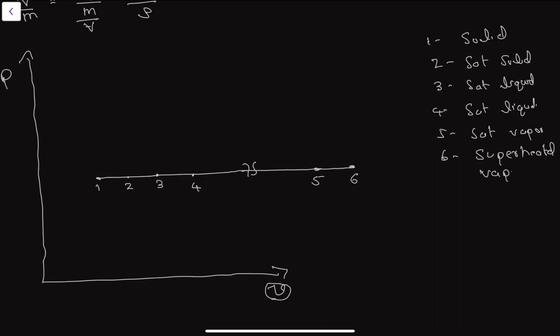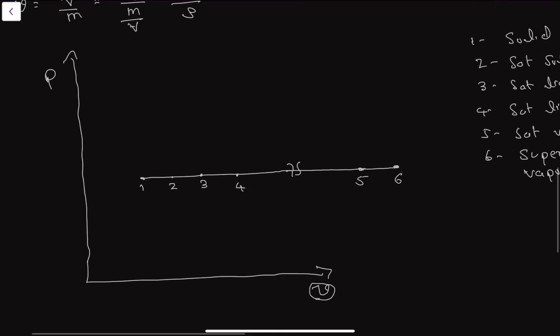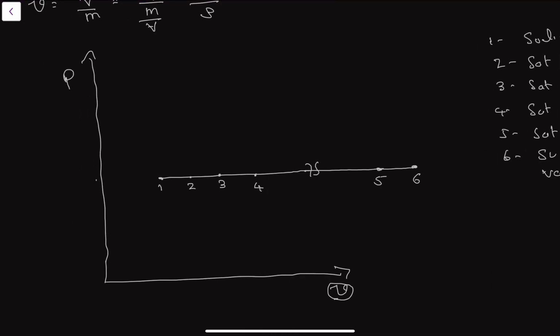So these are the 6 important states. We are doing this for a particular pressure, let us say 1 atmospheric pressure.